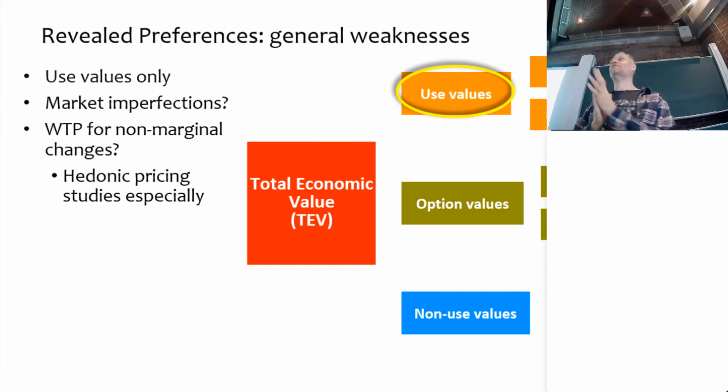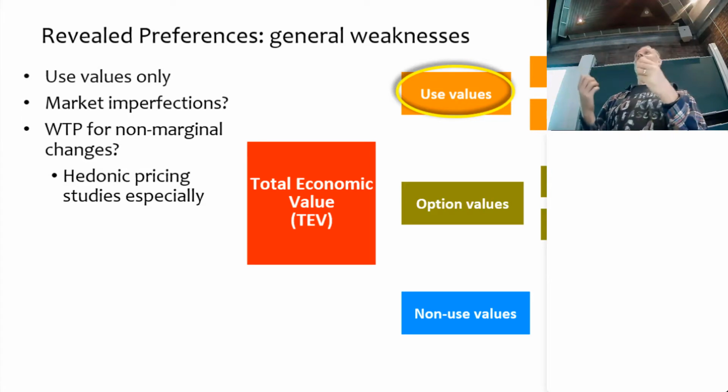What you do in a revealed preference study is you infer people's preferences from their behavior. But that inference makes all sorts of assumptions about how the market is structured, and also makes assumptions about the rationality of people.